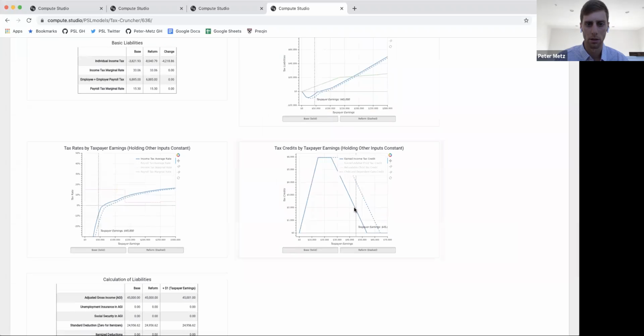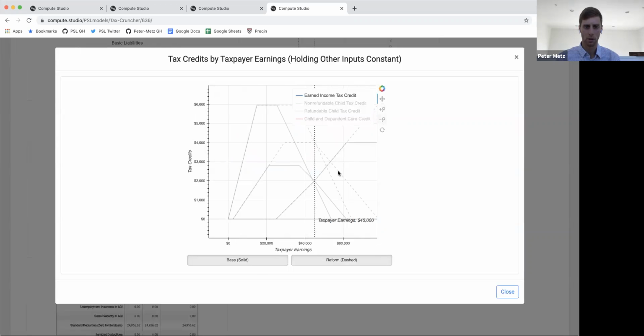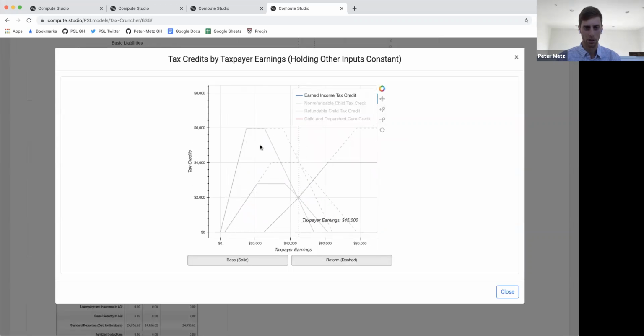All right, this is going to be our interesting one. This one shows tax by credit. So the blue is going to be the EITC. You can see pretty clearly here what the effect of bumping up the phase out threshold is. Basically this trapezoid is just extended a little bit to the right, but the slope of the phase out is still the same.